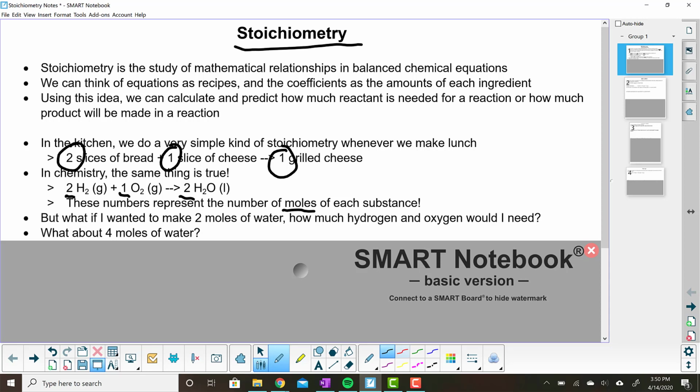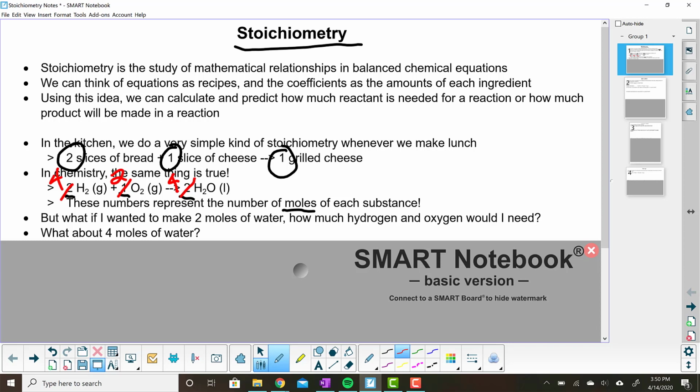But what if I wanted to make 4 moles of water? Well, I would have to rebalance my reaction, because now I have 4 oxygen atoms and 8 hydrogen atoms on the right side of this equation. So I would need to double everything. I would need 2 O2s and 4 H2s.